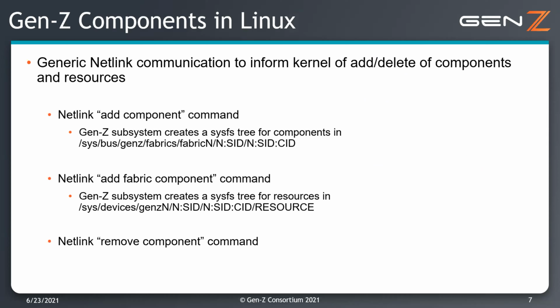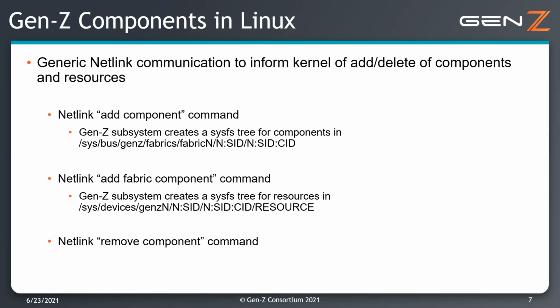It's the add fabric component command, not the add component command, and it instantiates those resources in the /sys file system, again, a standard part of Linux, under /bus gen z. And each fabric gets a number, each subnet on the fabric, which is another Gen Z concept for allowing huge fabrics, and each component gets a field in the /sys file system under sysbus Gen Z fabrics.